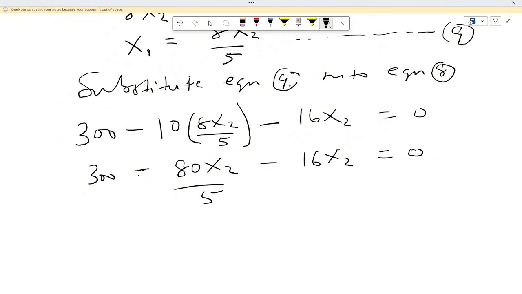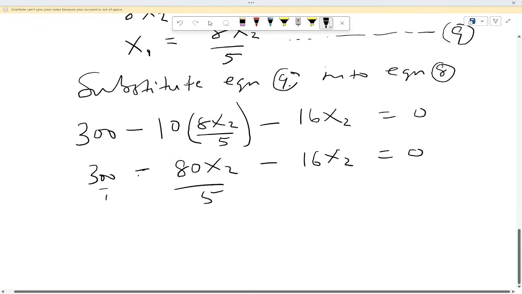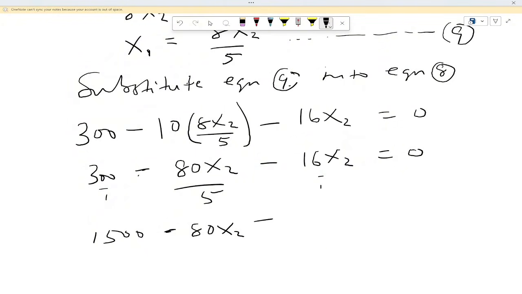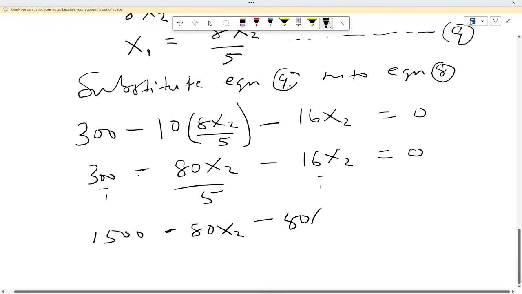So 5 multiplied by 300, you have 1500 minus 80x2 minus, here is also 1, 5 multiplied by 16, you have 80x2 equal to 0.